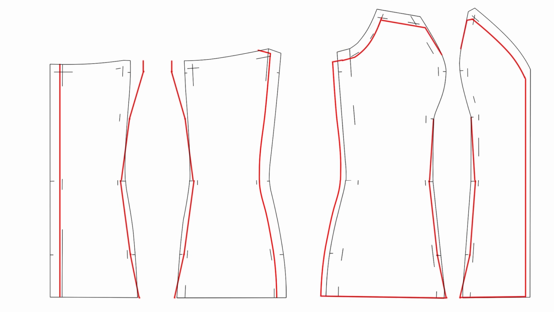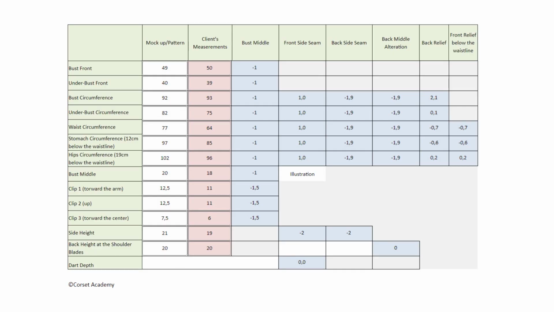Now let's shape the top back cut. Remember that by moving the patterns along the waist, we reduced the height of the side seam by 0.8 centimeters only. In order to get the reduction of 2 centimeters, according to the table, we need to lower the side seam line by 1.2 centimeters.